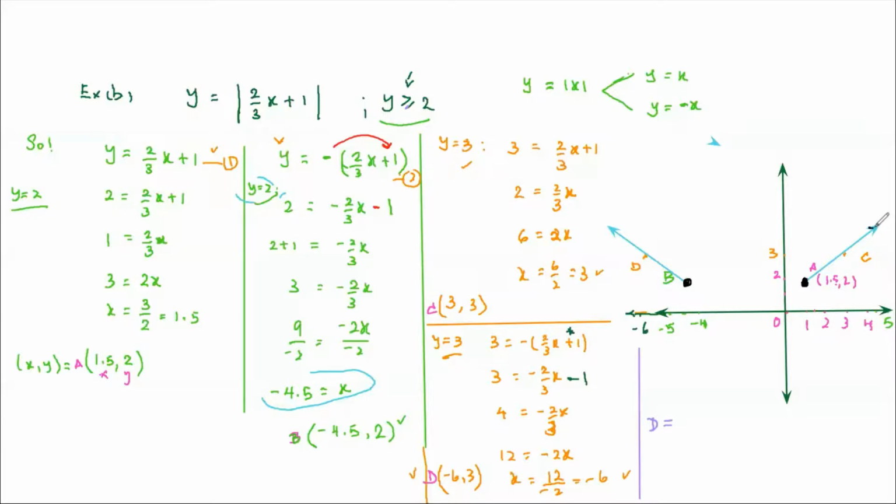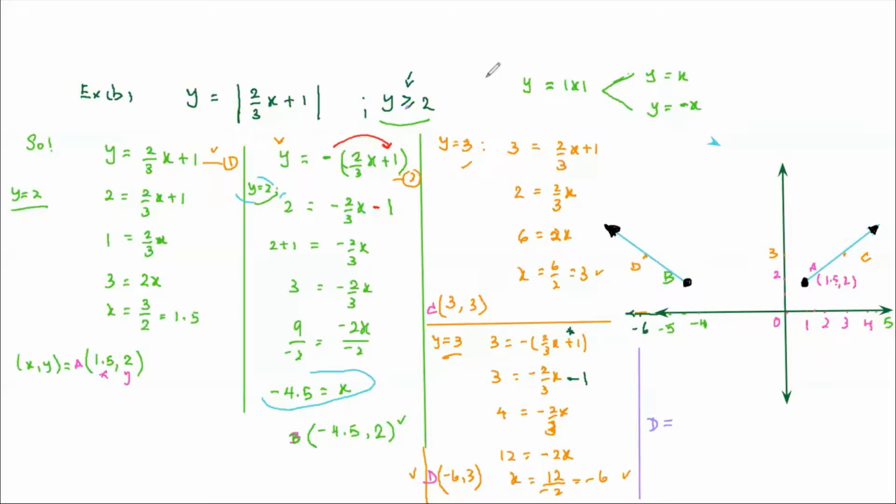It must be an arrow sign. Why? Because it is greater than, so they go to infinity for x and y. You have to label clearly the two points on both sides.